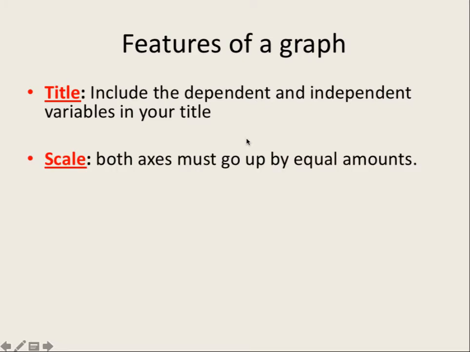Your scales on each axis must go up by the same amount, or I should say that the gap between each value on your axes must be the same amount. So if you're going up by tens, if you're going up by 5s, if you're going up by 2s, it all must be the same amount.